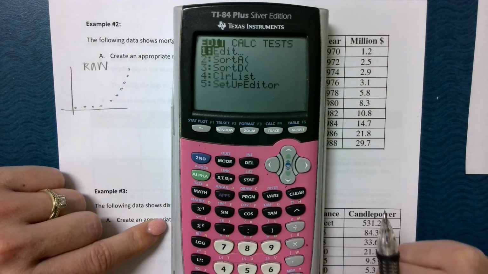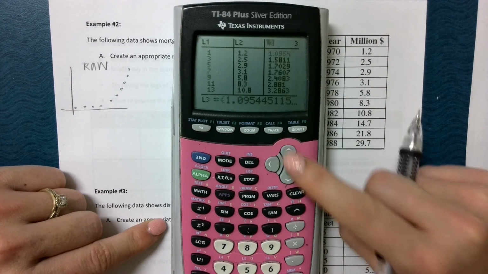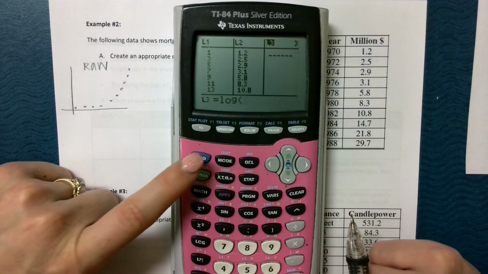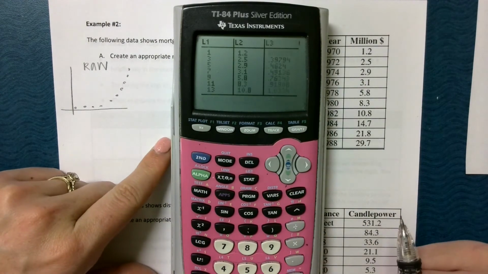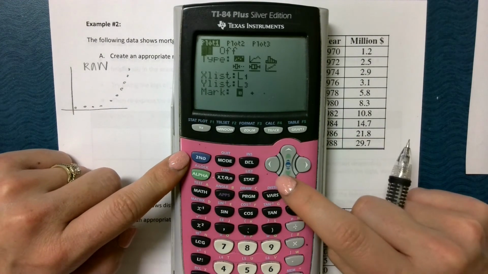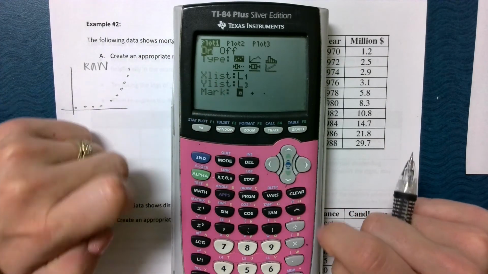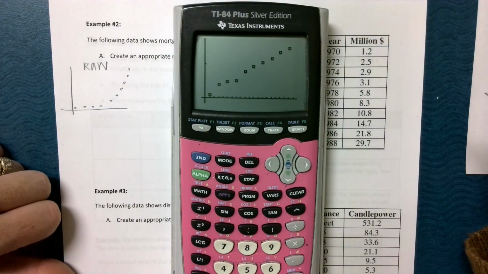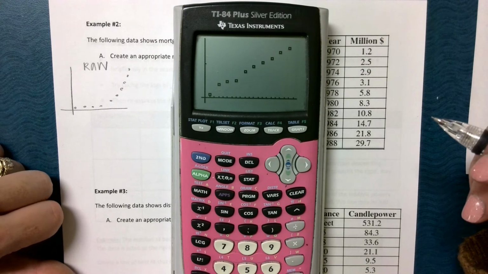So going back to our stat edit into L3, I'm now going to put log of L2. In my stat plot, I'm good to go. I have L1 and L3, so I can zoom 9. I think this one is even better.